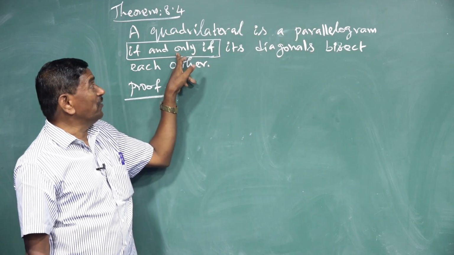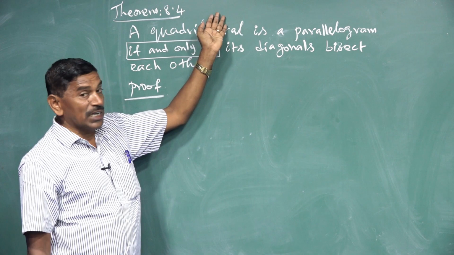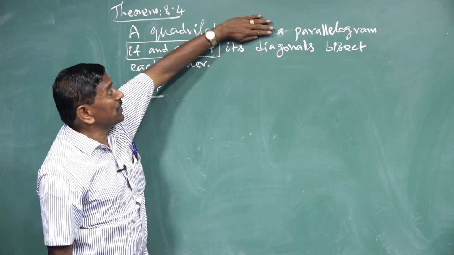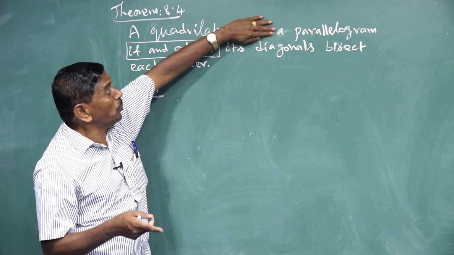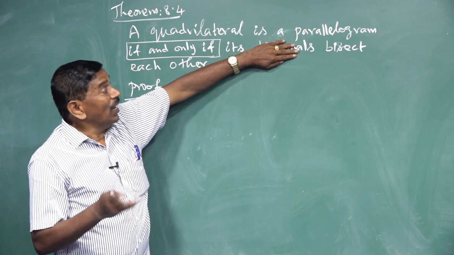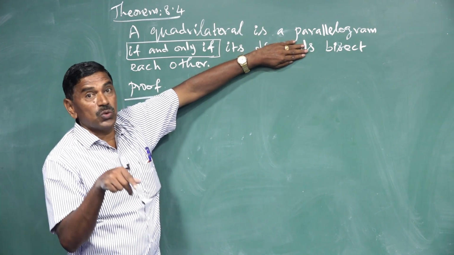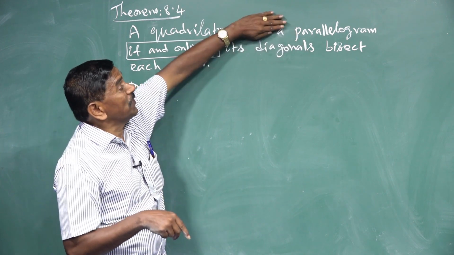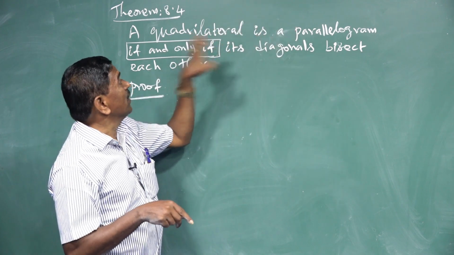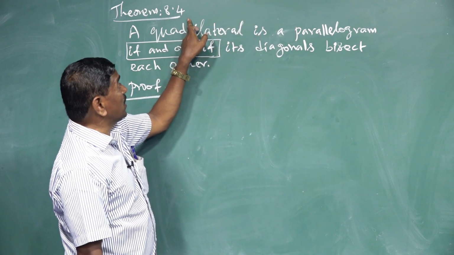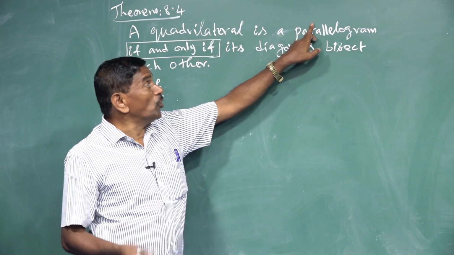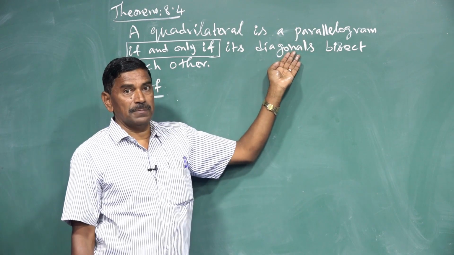So here, if and only if means there is one statement before and one statement after. Let us assume that the first statement is true, then we want to prove the second statement is also true. Conversely, let us assume that the second statement is true, then we want to prove the first statement is true. Which means, assume that quadrilateral ABCD is a parallelogram, then we want to prove its diagonals bisect each other.